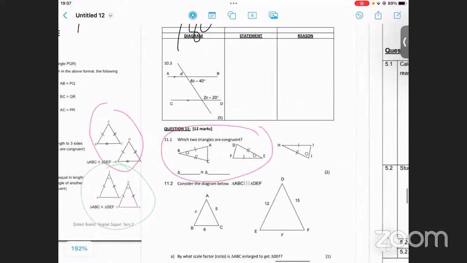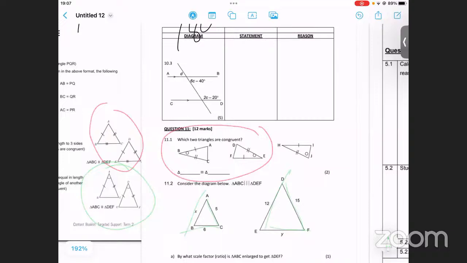And let's look at these similar triangles. They say consider the diagram below. Triangle ABC is similar to triangle DEF. So basically, what they're saying is this side is equal to this one, and this one is equal to this one, okay?